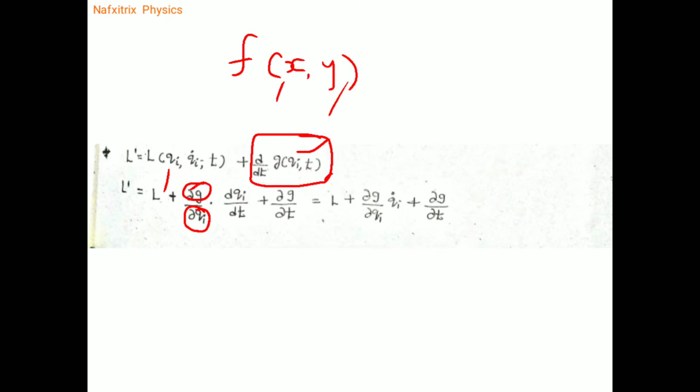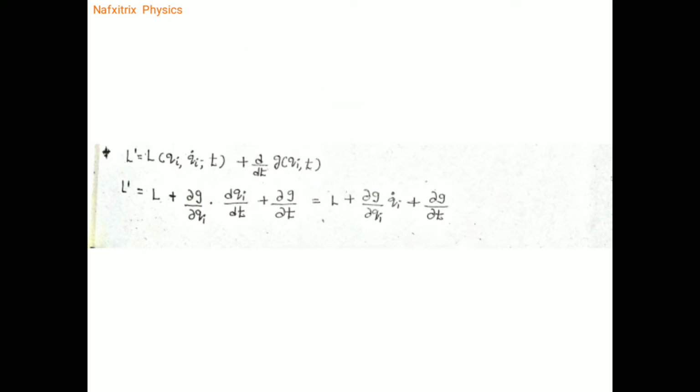So here also we need to partially differentiate it with respect to q as well as time. So here you can see this term is partially differentiating g with respect to q.